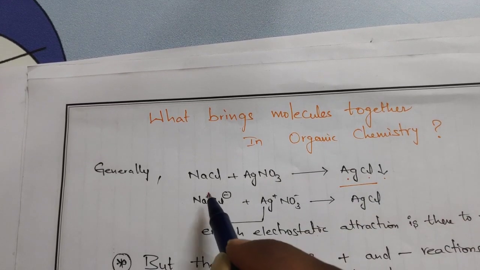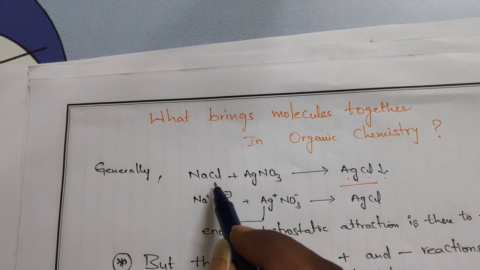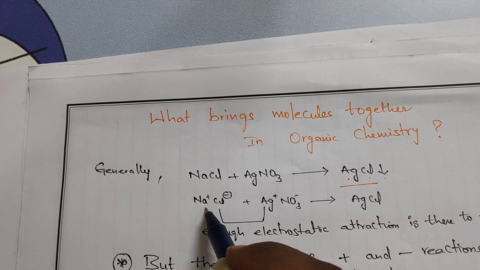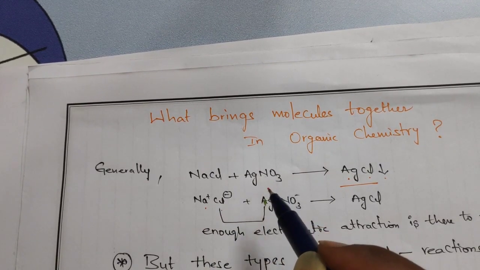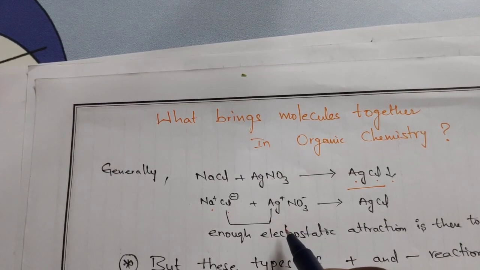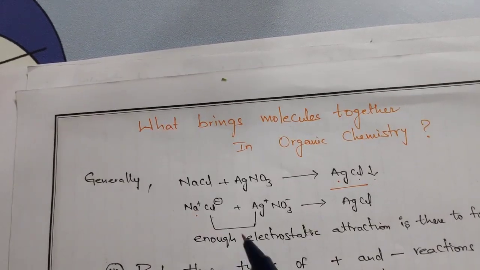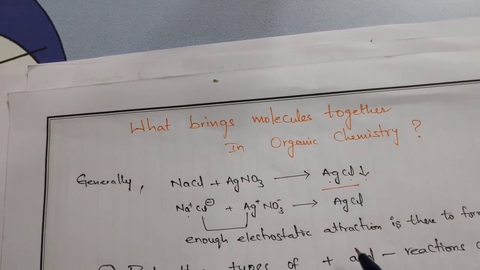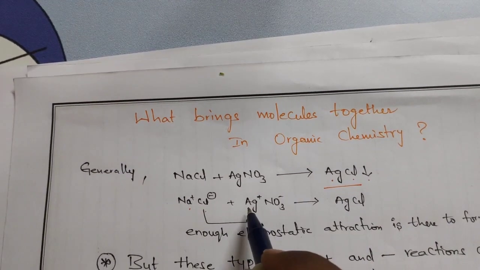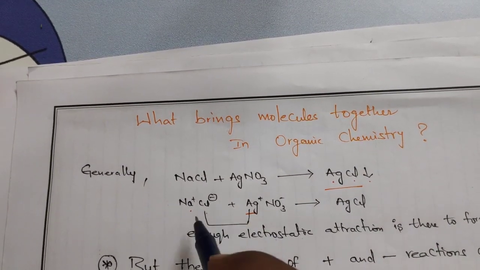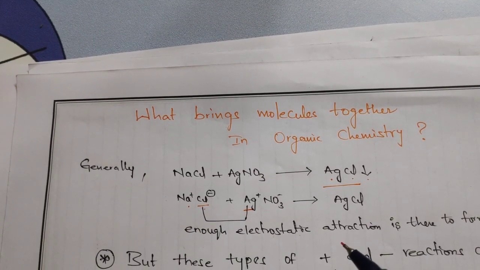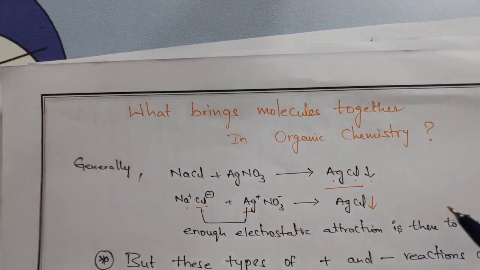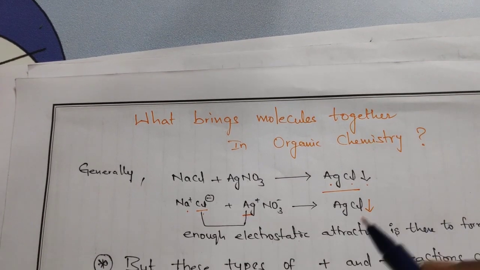We know that in solution, NaCl is dissociated as Na plus and Cl minus, and AgNO3 dissociates as Ag plus and NO3 minus. So the electrostatic force of attraction between silver and chlorine is enough to form the bond and deposit in the solution as a byproduct.